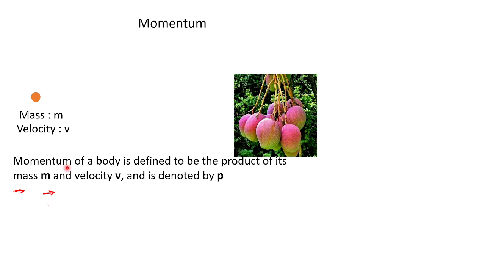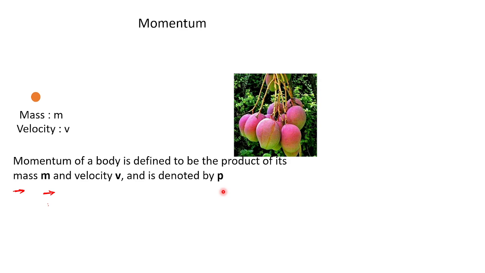I have written that momentum of a body roughly represents the strength of the motion. It is defined as the product of mass and velocity, denoted by P. Clear? Understood? Okay.